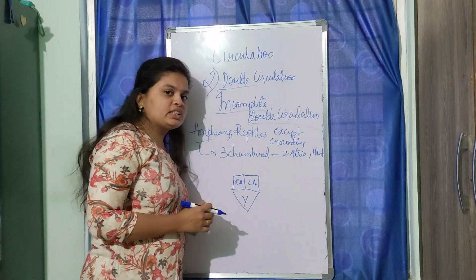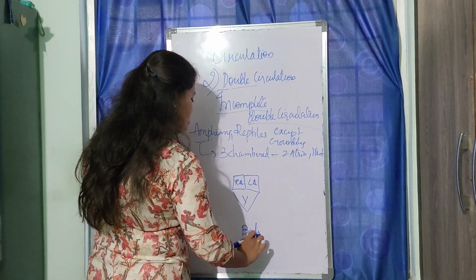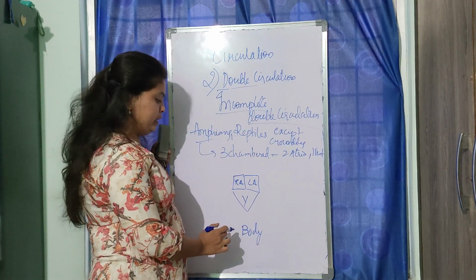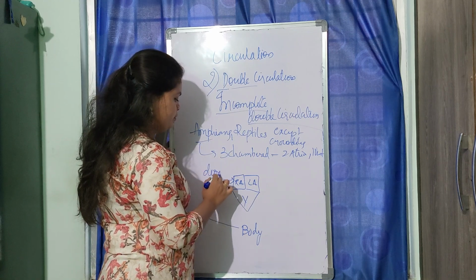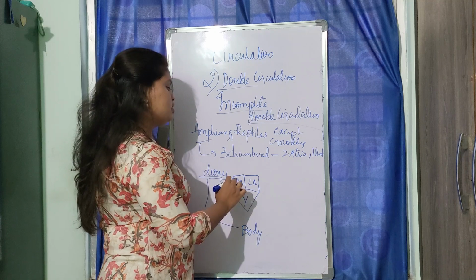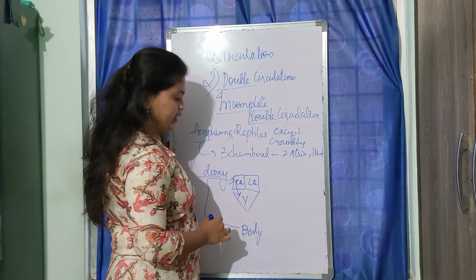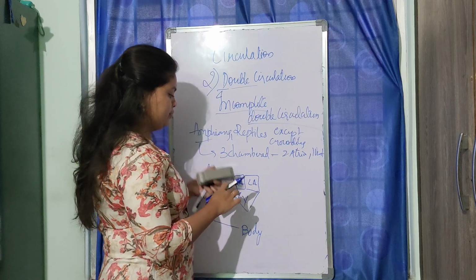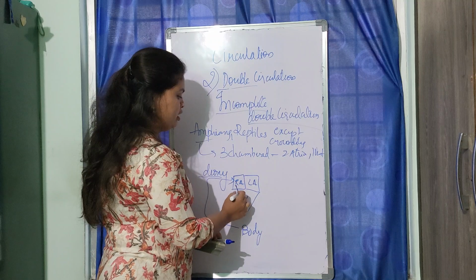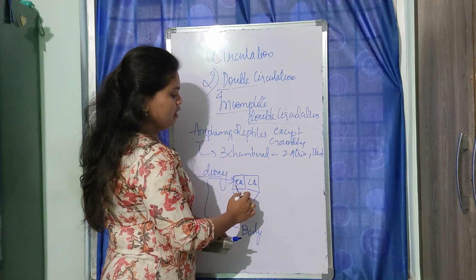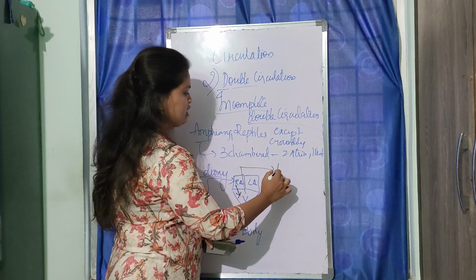So how is the circulation happening here? The body is going to send all the deoxygenated blood to the right atrium, and this right atrium will send this deoxygenated blood to the ventricle, and this ventricle is going to send this deoxygenated blood for oxygenation to lungs.